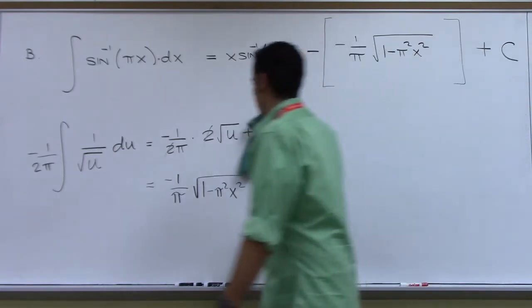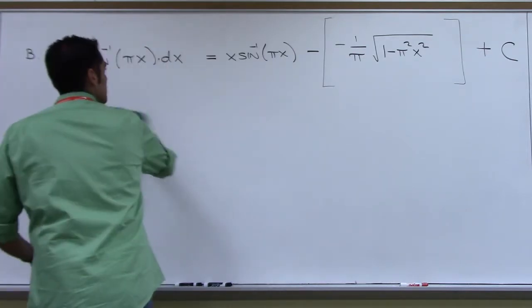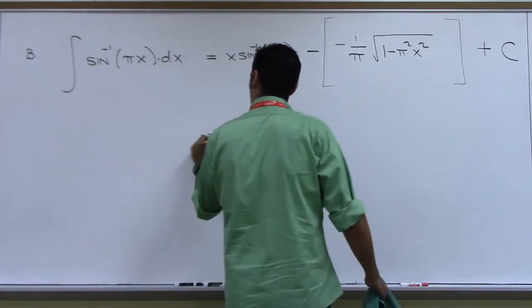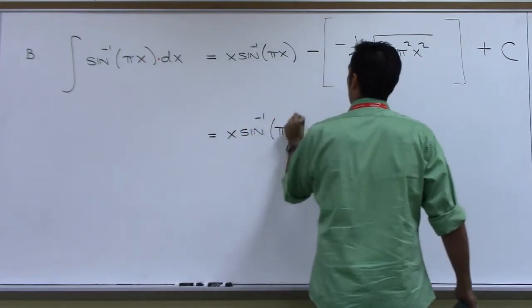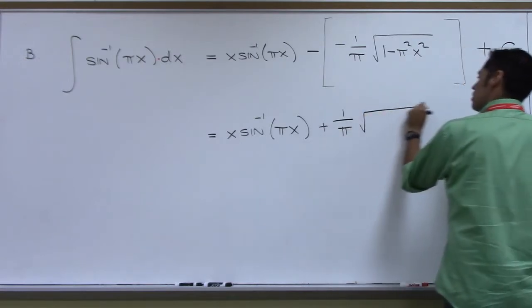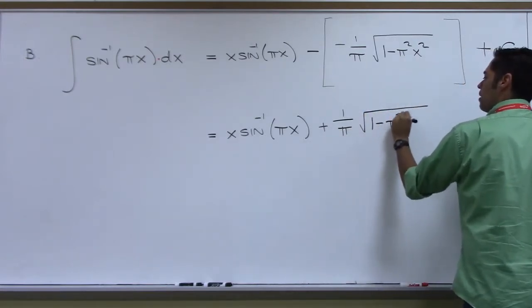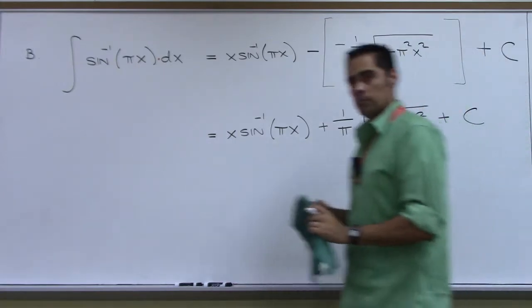And then that's when I'll write my final answer. So x arc sine pi x, plus 1 over pi, square root, 1 minus pi squared x squared plus a constant of integration. And we're done.